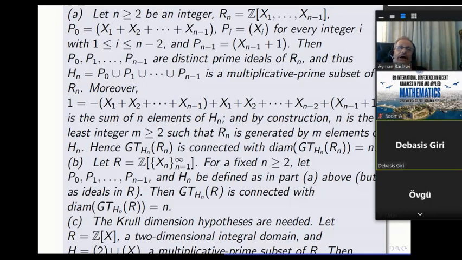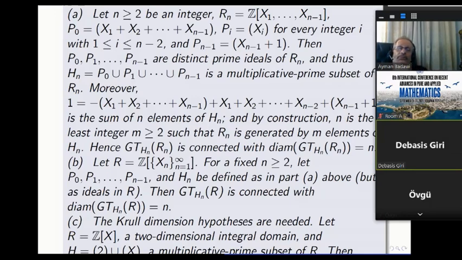And here we have to select my prime ideals carefully, because remember that H will be the union of these prime ideals. You select them like this: P0, you add these variables, P1 will be x1, and then Pn minus 1 will be xn. This is very technical.